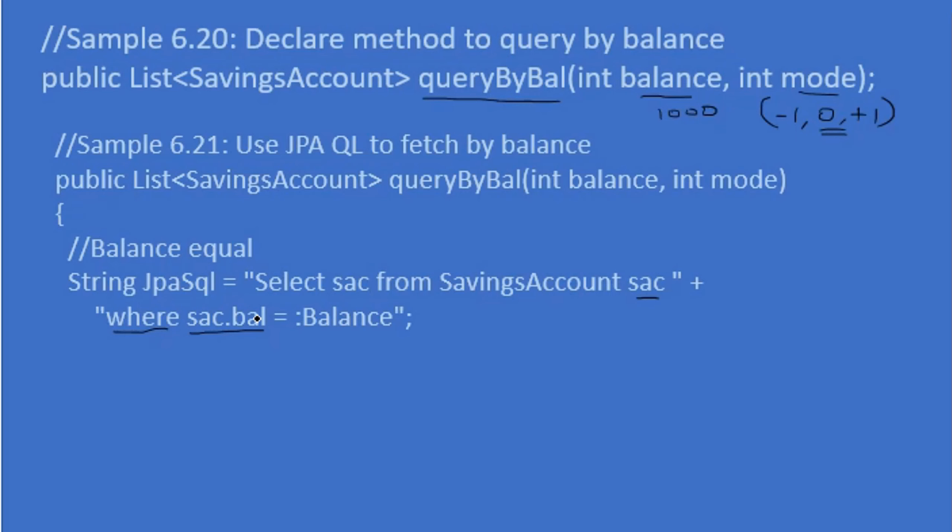This is the data member defined inside the savings account. So sac.bal equal to, this will be the placeholder to replace the content with the parameter. So when we are defining, if you see in the where condition, we place the operator equal to. We will replace this also when we proceed here.